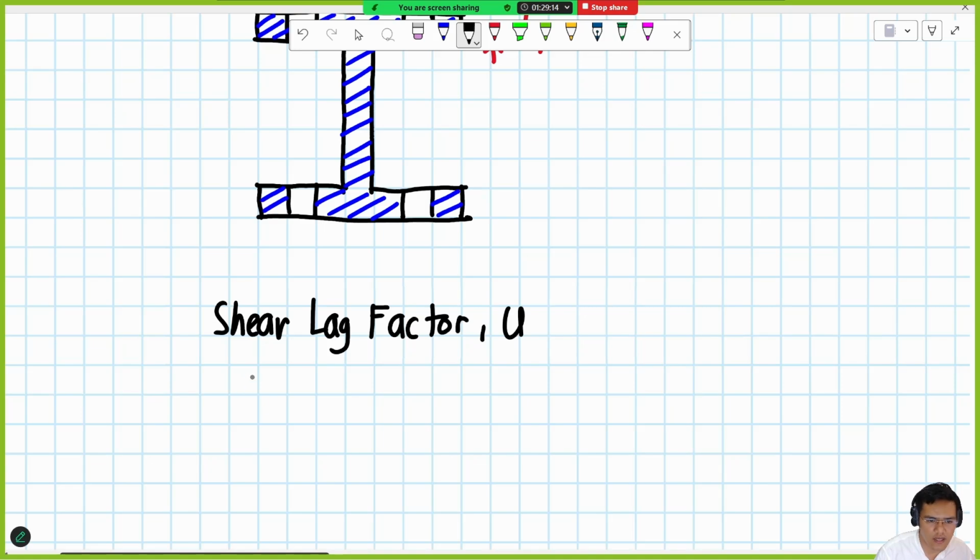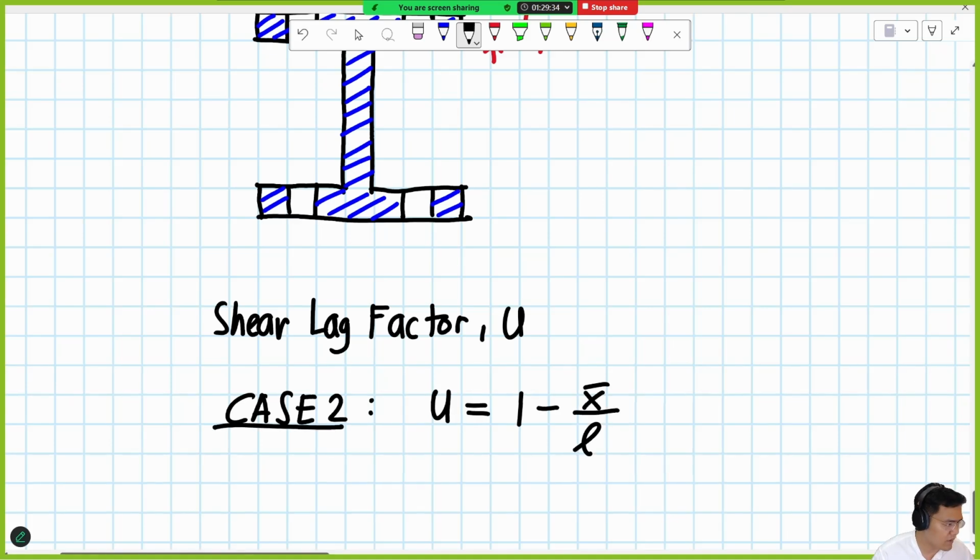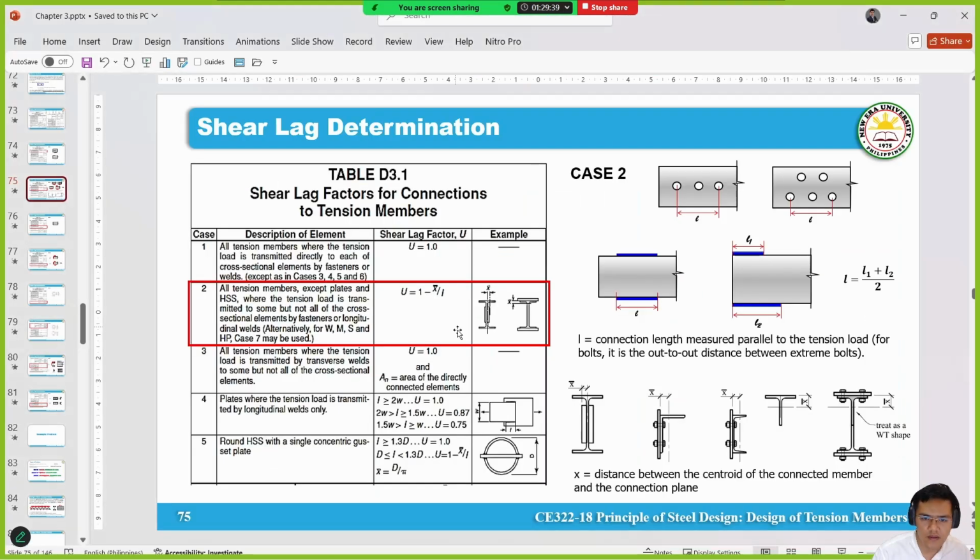Let's investigate case 2. As per case 2, we could use the equation U is equal to 1 minus x bar over L. So let's go back to the figure.